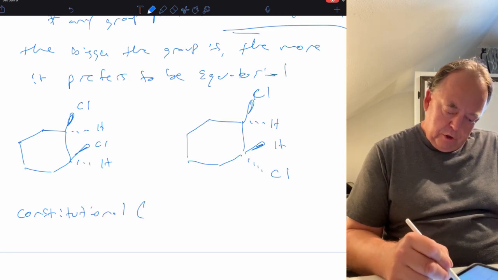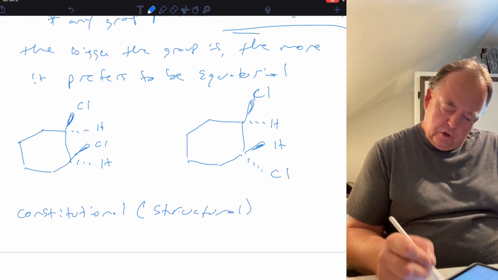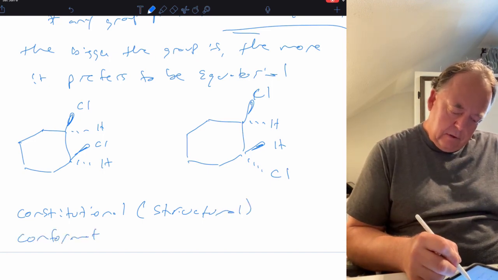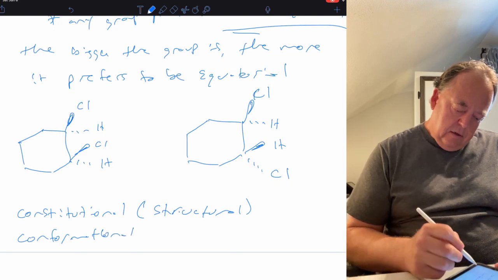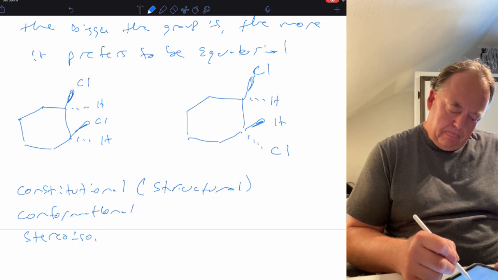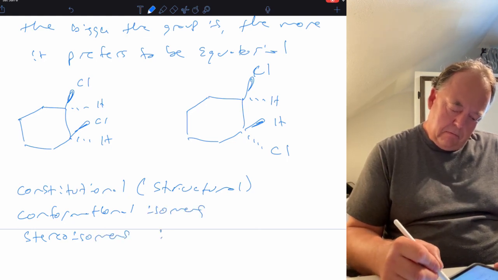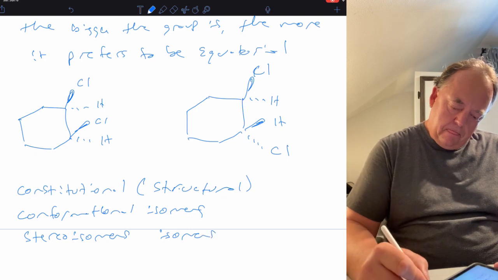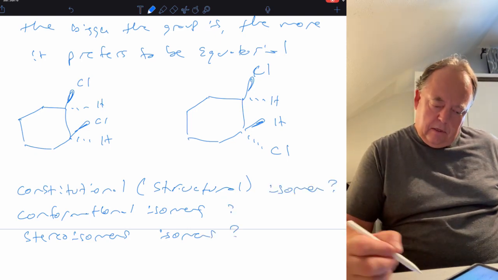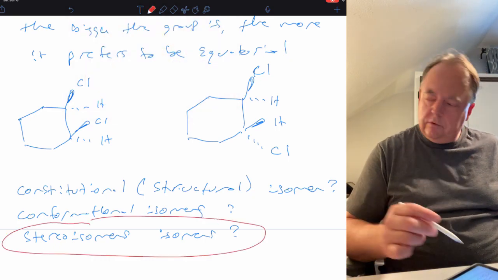Are they constitutional isomers, aka structural isomers, or are they conformational isomers, or are they stereoisomers? And the answer is they are stereoisomers, right?